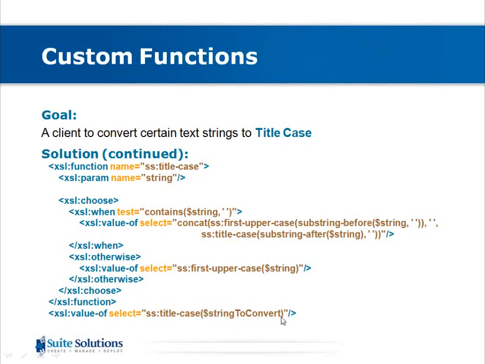So the truth is this didn't really use much in the way of axes and node selection as we've seen, but by combining some other XPath methods, which again are really intertwined with XSLT, putting those all together, we've been able to devise a pretty sophisticated, at least for XSL, certainly nothing by C++ or Java standards, but for XSL this is pretty sophisticated processing to be able to recursively convert to title case a string of any length.